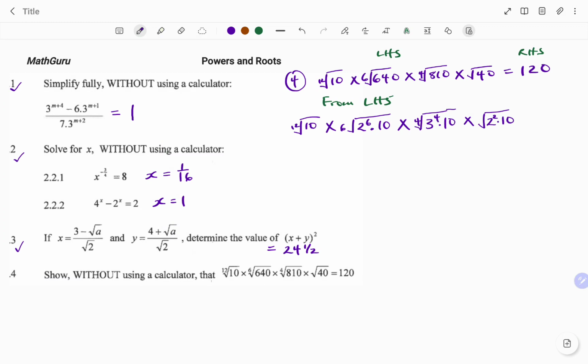And changing my surd form to index form, I have 10 to the power of 1 over 12, times, my dot means multiplication, I have 2 to the power of 6 over 6 times 10 to the power of 1 over 6 times 3 to the power of 4 over 4. Note that the powers under the surd sign are being divided by the root.